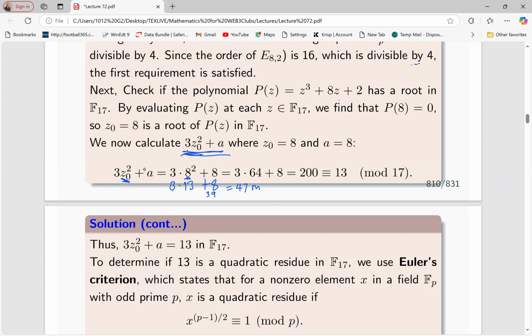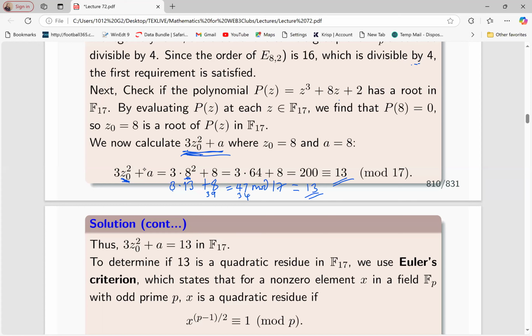And we are doing this mod 17. So we ask ourselves, 17 goes into 47 how many times, and what will be the remainder? I'm seeing that 17 goes there 2 times, then the remainder will be 13. That's what I got. So whichever way you use, you should get the same thing. The remainder is 13.